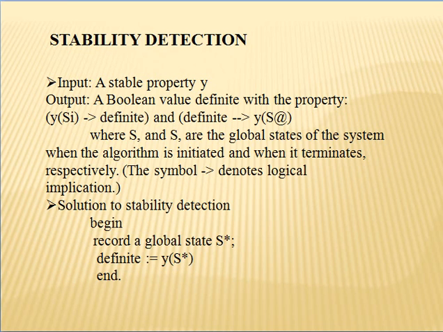Then y of s implies y of s dash for all s dash reachable from s. This is from the definition of stability.